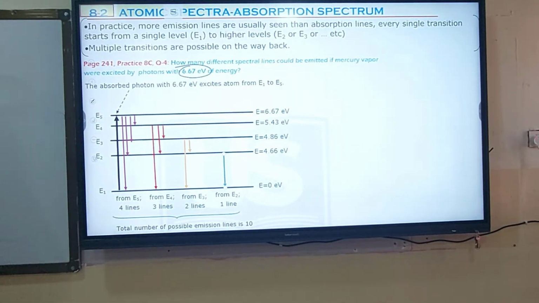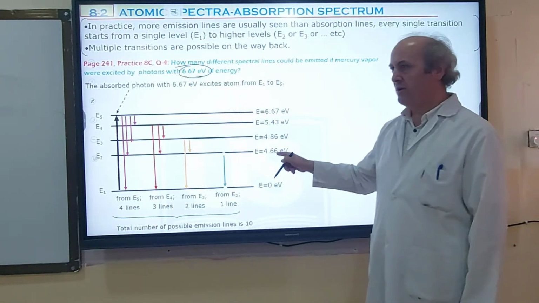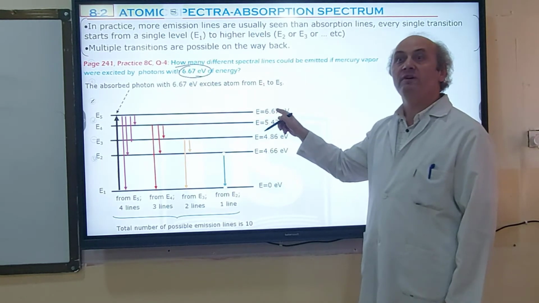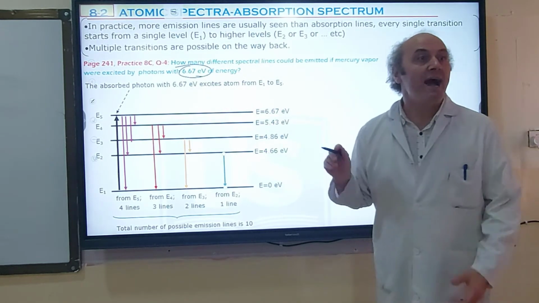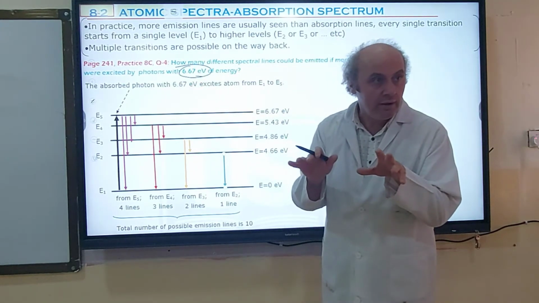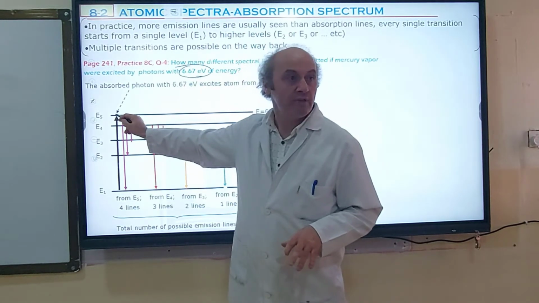Now, according to this diagram, tell me, the electron excites from the ground state to which energy level? Check it. Which one is 6.67? This 0. This 4.60. This 4.86. This 5.46. This 6.67. So when this photon is shining on the mercury vapor, the electron will jump from the ground state to the 5th energy level.